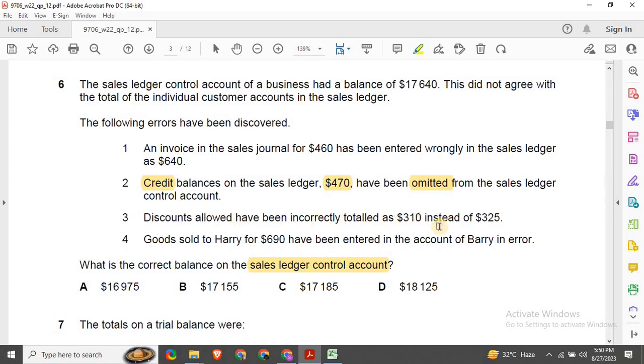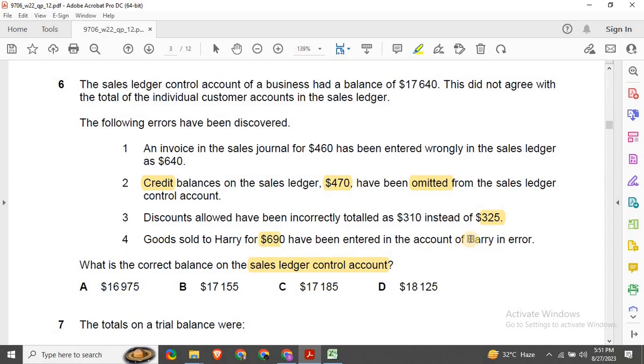Discount allowed will decrease your trade receivable balance. We write it on the credit side again. Its amount is 325, but we wrote 310. So there is $15 missing here.